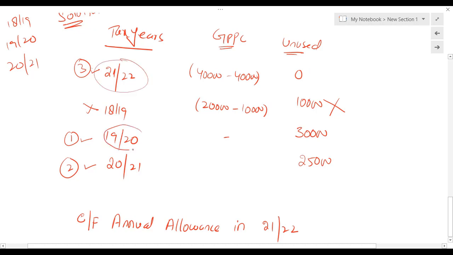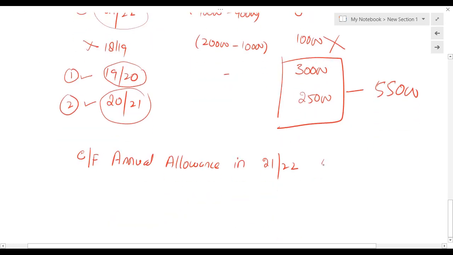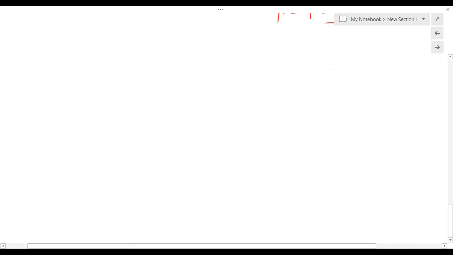So there is going to be 19-20, 20-21, and 21-22. So unused which I can carry forward is 55,000. Unused annual allowance which we can carry forward is 55,000. So I believe now you should have a good idea of this unused limit which we need to carry forward. Let me give you another example.